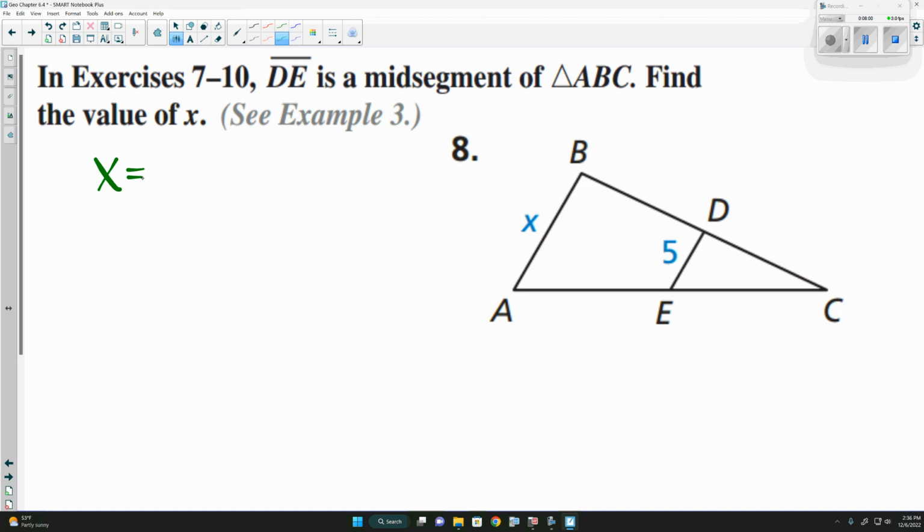Is DE the midsegment or the third side? The third side is, the midsegment's half the length of the third side. So if we go this way, we divide it by, or multiply it by 1/2. If we go the other direction, we're going to multiply it by 2, because going from third side to midsegment, we decrease.